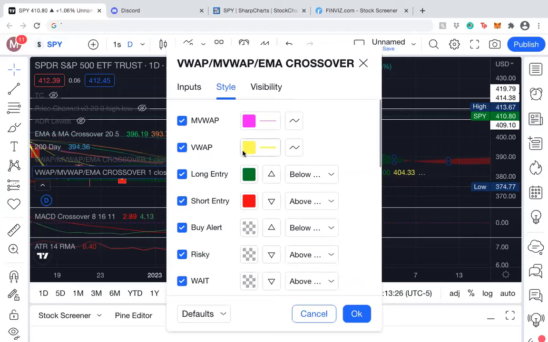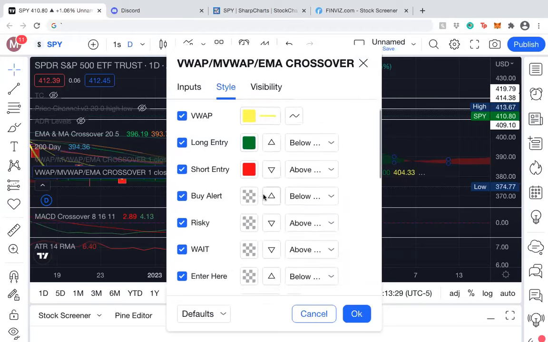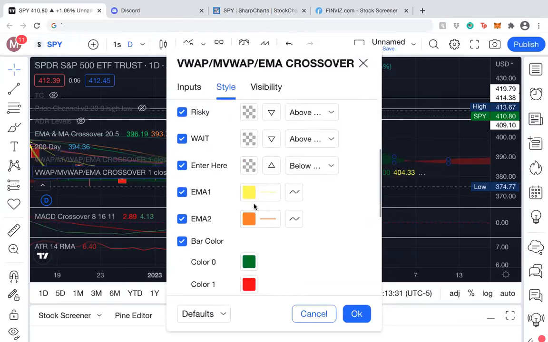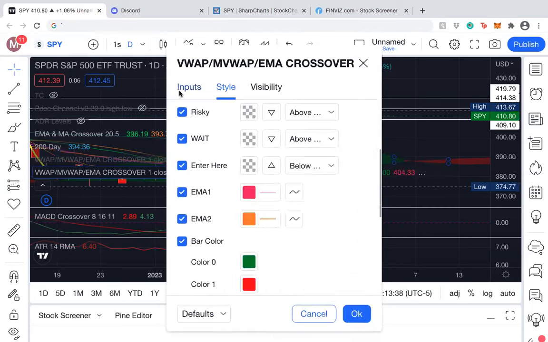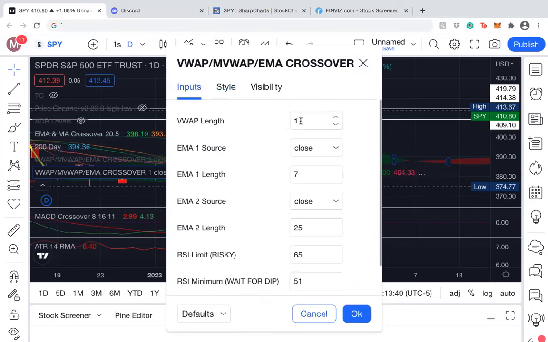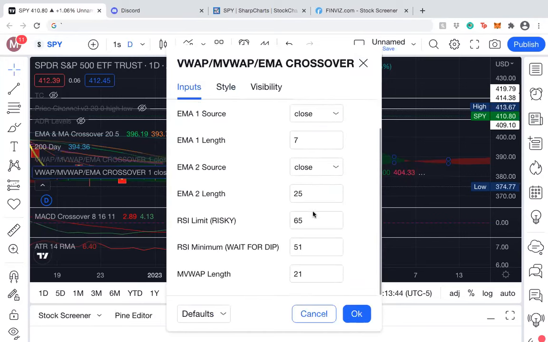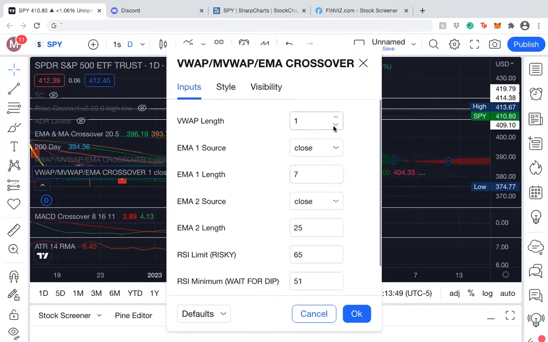So you see that the VWAP is yellow, and then you come to your first EMA line, which you would basically change to a different color, right? Because then you come to your inputs, your VWAP length, you choose whatever duration is right for you. Your RSI, all of that stuff you can change, right? You leave the VWAP length at 1, leave this at 6. So it's basically the VWAP in the EMA 7. So you just change this to 9, right?